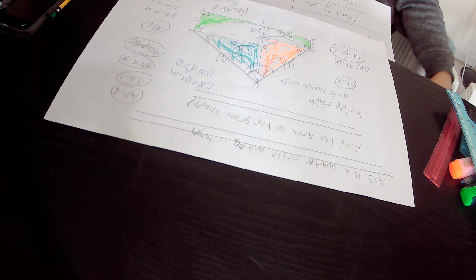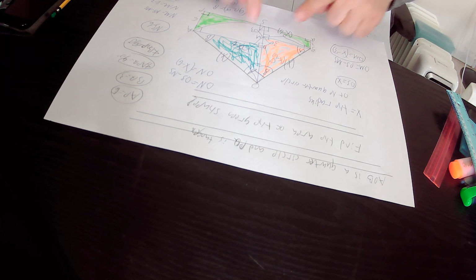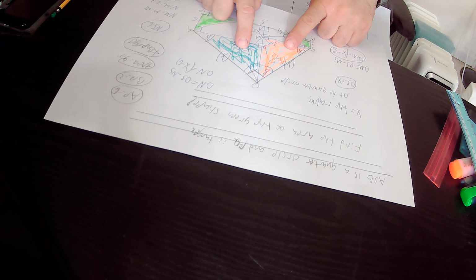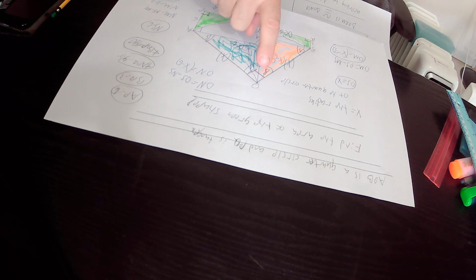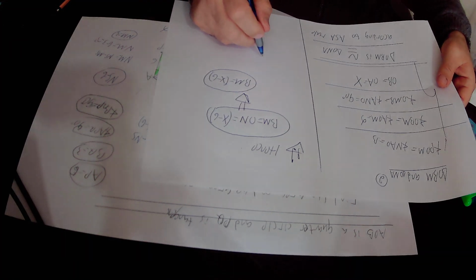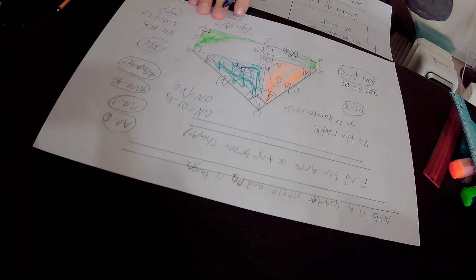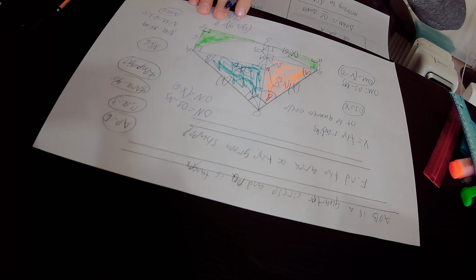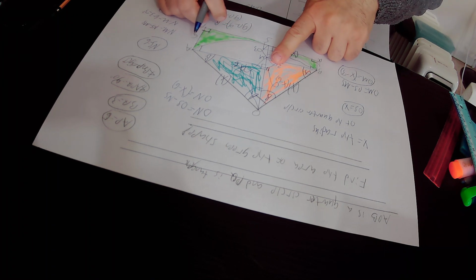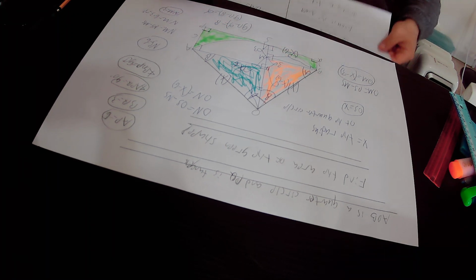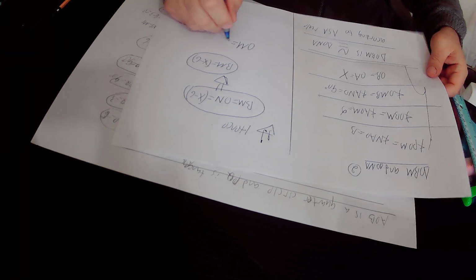And again, because of the fact that those two triangles can go into each other, we will conclude from it that side OM in the orange triangle is equal to side AN in the blue triangle.